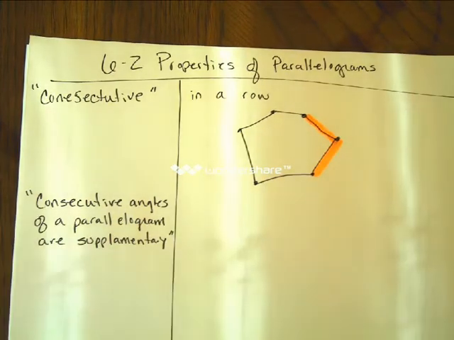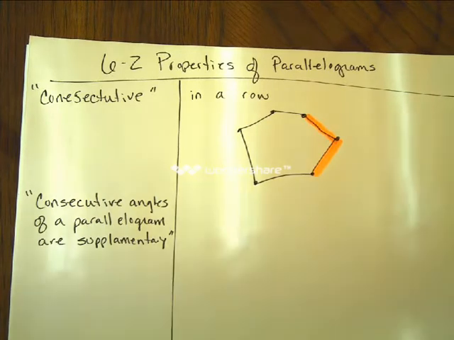Consecutive angles of a parallelogram are supplementary. And the reason for this is, like I said, it would be really easy to prove this. I don't know why they didn't just call it a theorem.